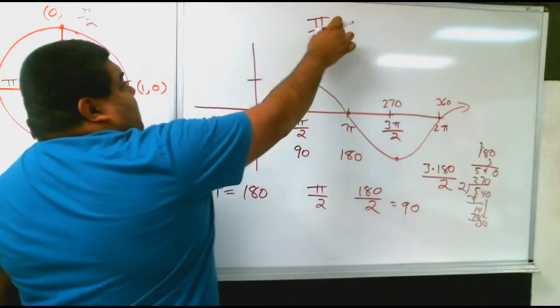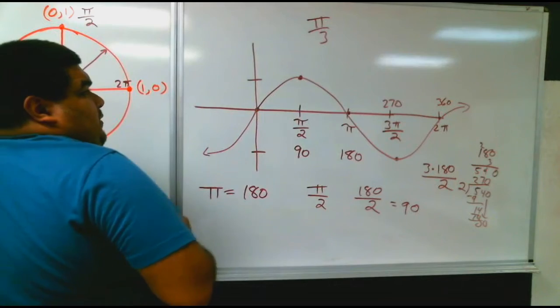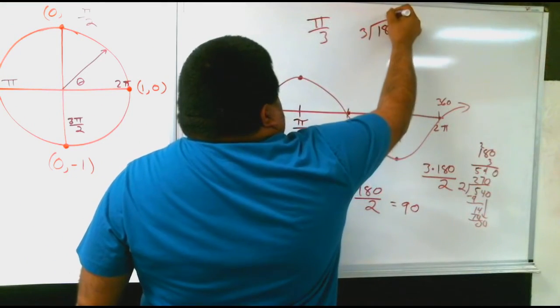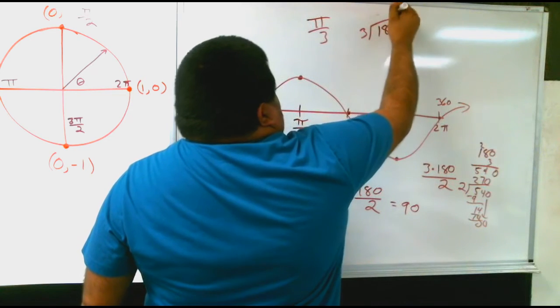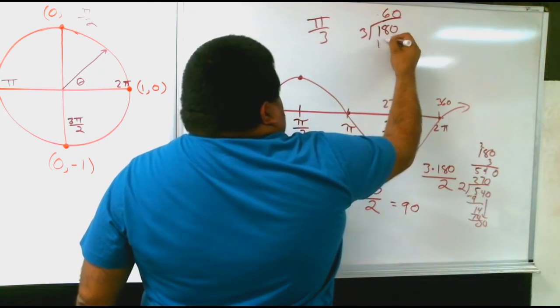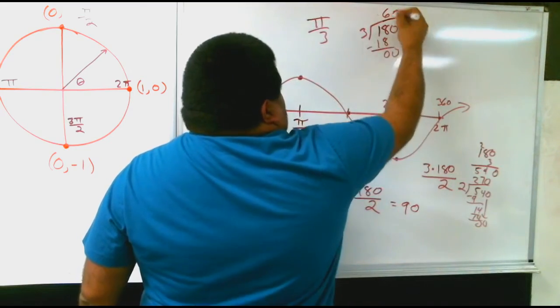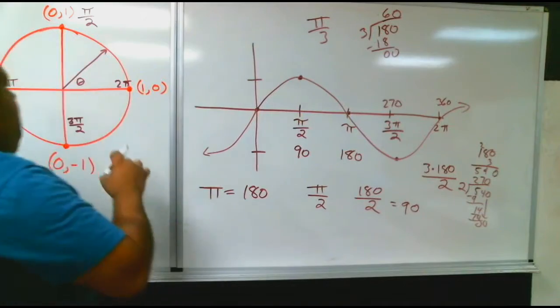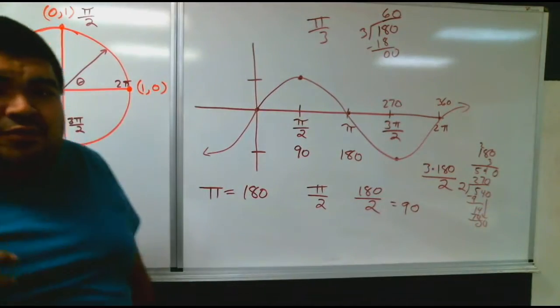So 180 divided by 3 this time would be 60. This is why we need to really know that unit circle.